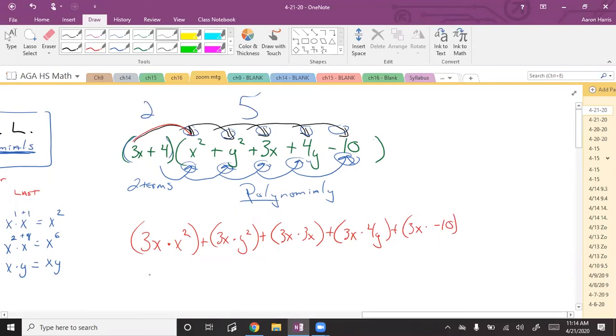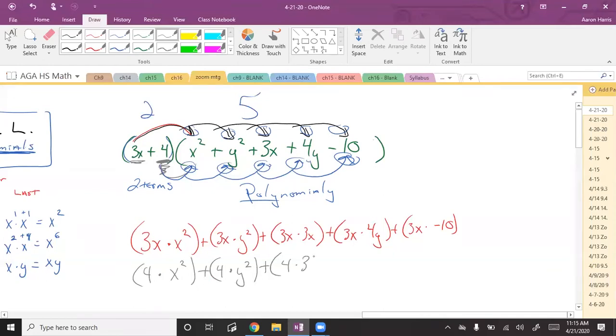Now, instead of 3x, what number am I going to do? 4. So 4 times what? x squared. Plus, what's the next one? 4 times y squared. Plus 4 times 3x.